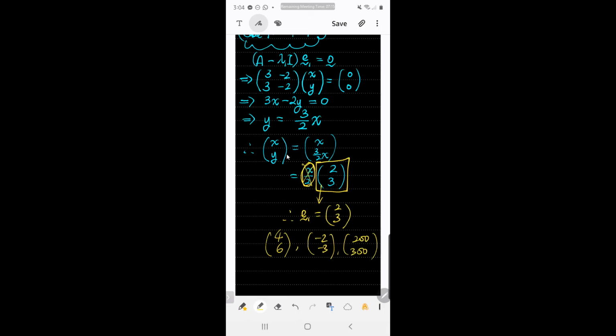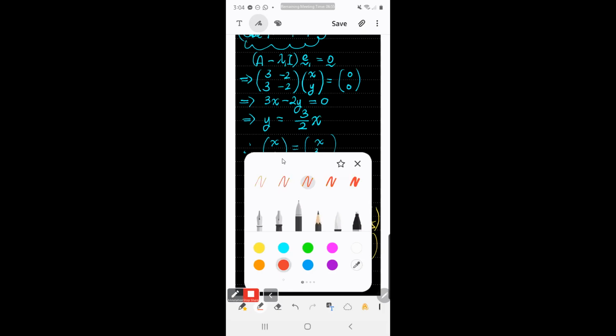So even if you give me the answer, for example, 1 and 1.5, it is still okay. So your E1 can be 2, 3, can be 1, 1.5, can be 4, 6, can be -2, -3, can be 200, 300, they are all okay. But of course, we will try to pick the number which is the easiest for us.